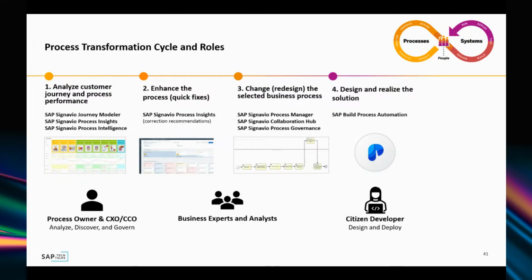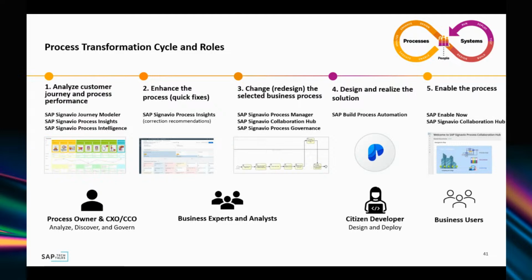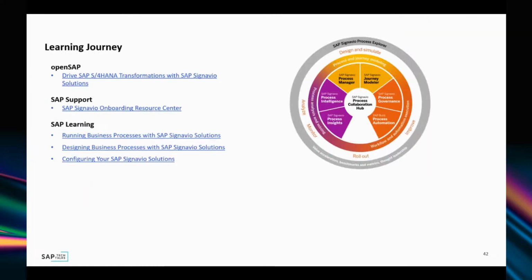Then we can design and release a solution. It's possible to do it in SAP Build Process Automation and enable the processes. And that's it from my side regarding the products which I wanted to show you today.